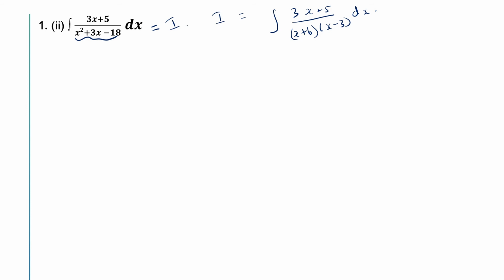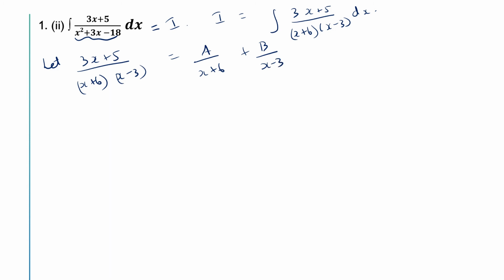Now we can take, let (3x plus 5) upon (x plus 6)(x minus 3) equal to A divided by (x plus 6) plus B divided by (x minus 3). So from this we get 3x plus 5 is equal to A into (x minus 3) plus B into (x plus 6).